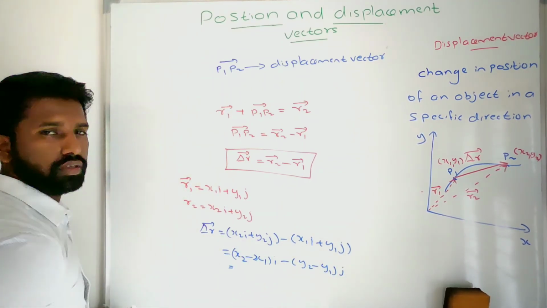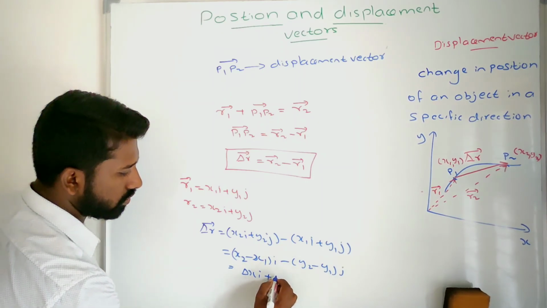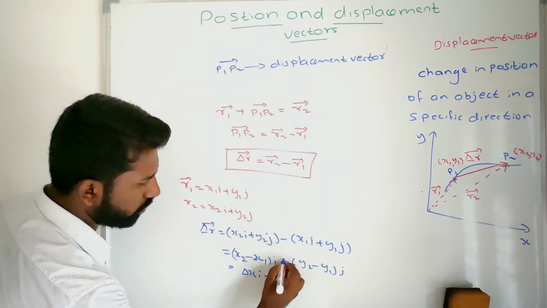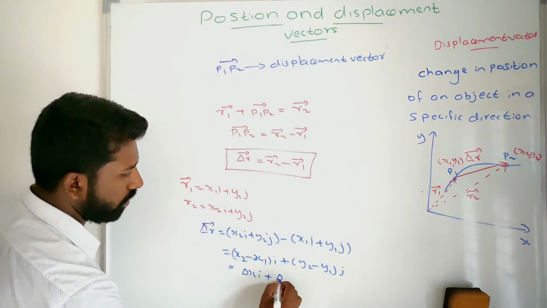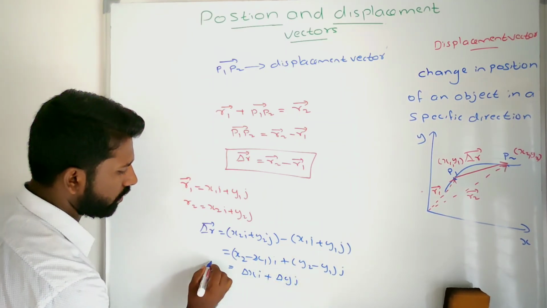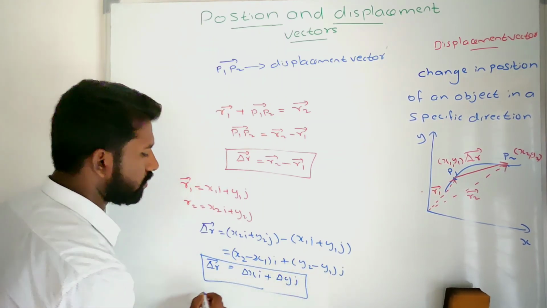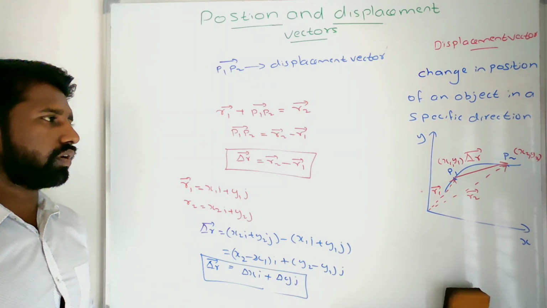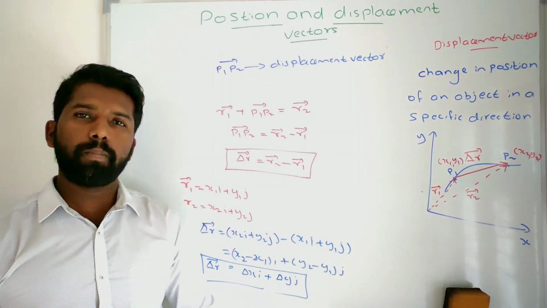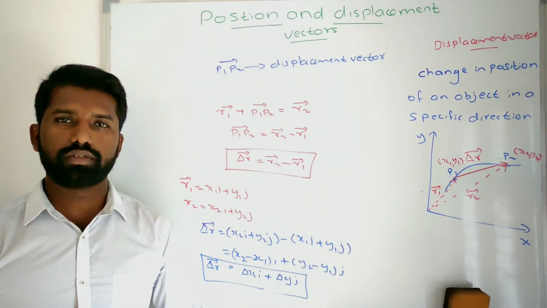This is the change in the x component, delta x i, plus the change in the y component, delta y j. This is delta R, the displacement vector. Clear? This is about the position vector and displacement vector.